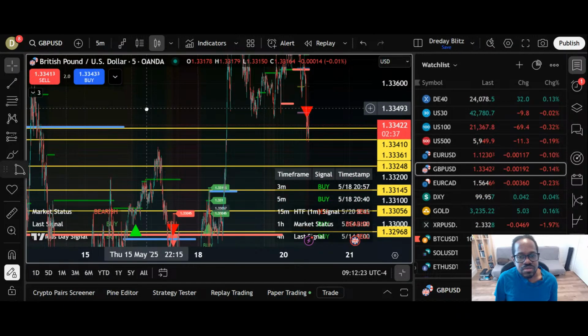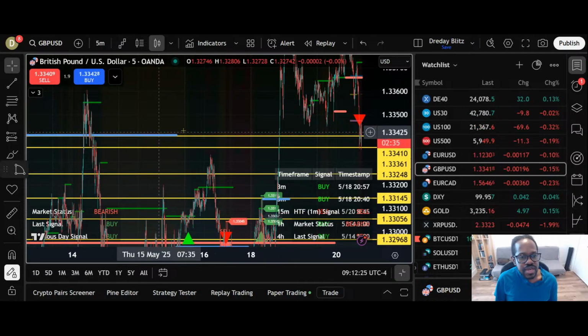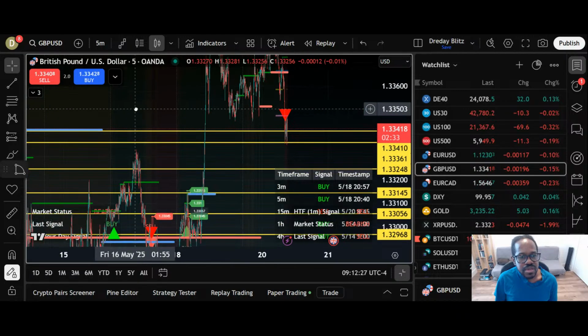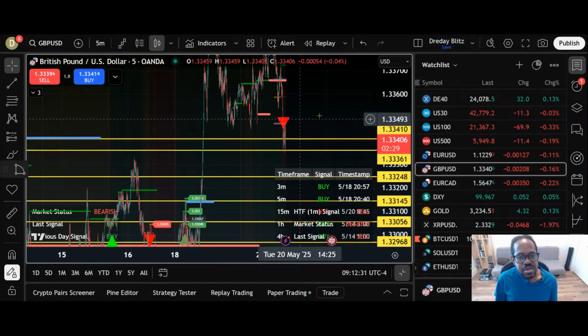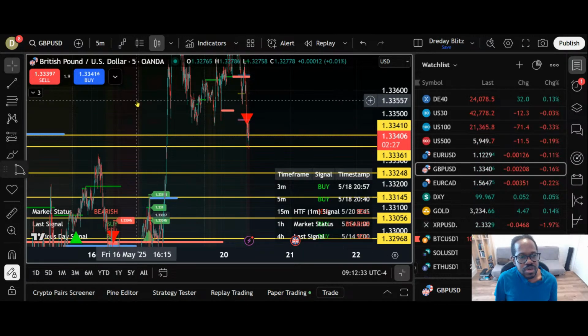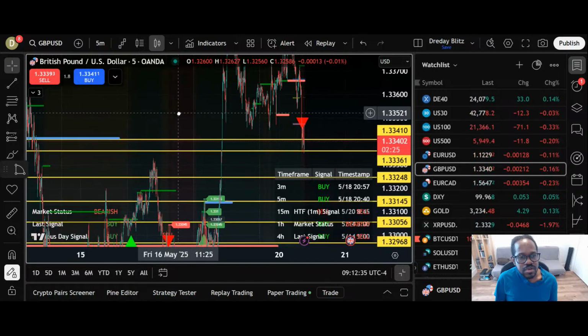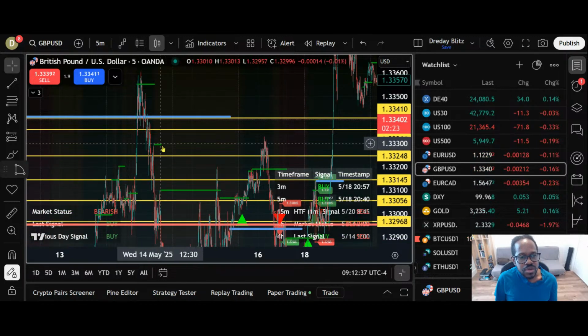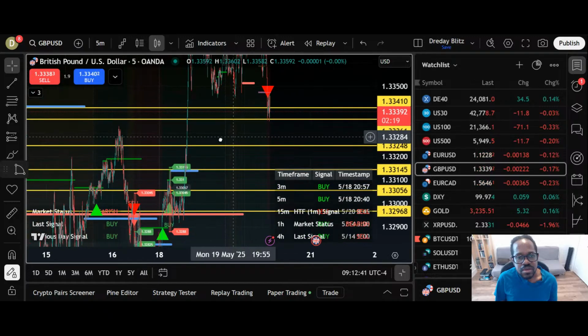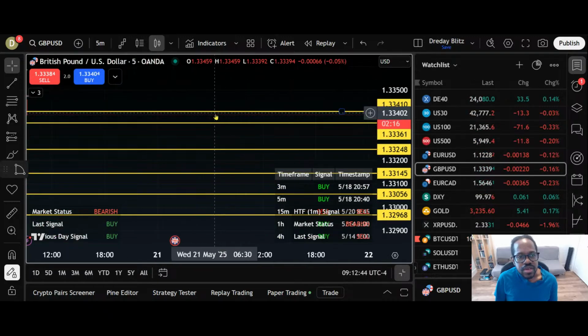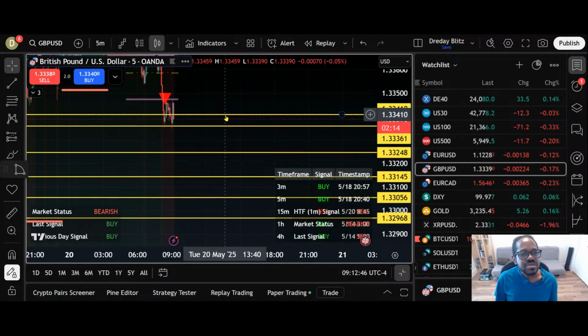All right, so this is the actual level here that the Wi-Fi broke off of the high-low level, and now those are other levels here of interest that I'm looking to see if it wants to break.